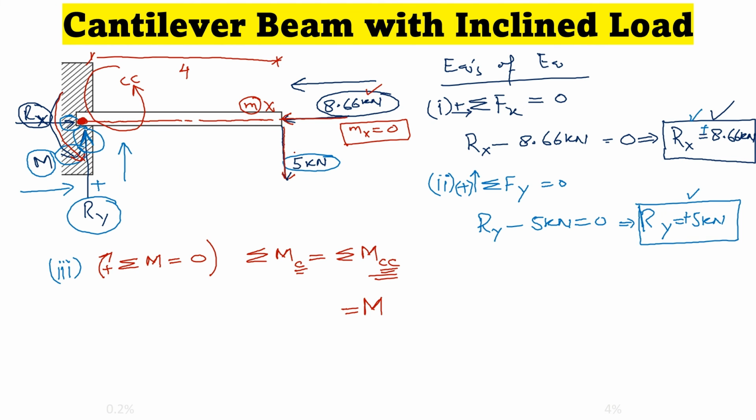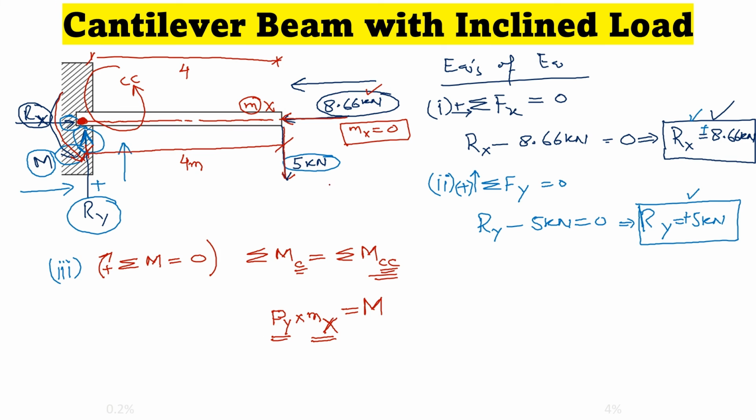This force has a moment, with a distance between the point of rotation and the point of application of force. So its distance is 4 meter. So we can simply say Py into mx, meaning force is acting in y direction, but its moment arm is in x direction.